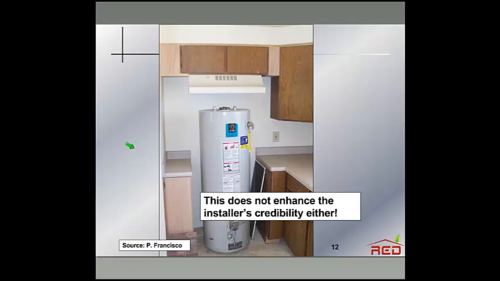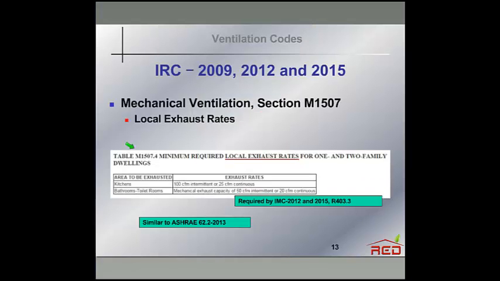This is another rather silly diagram with a water heater under the range hood. In the IRC, the International Residential Code 2009, 12, and 15, there are requirements for local ventilation. They're listed here.